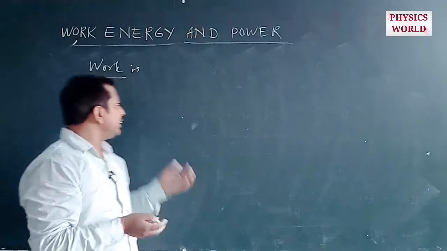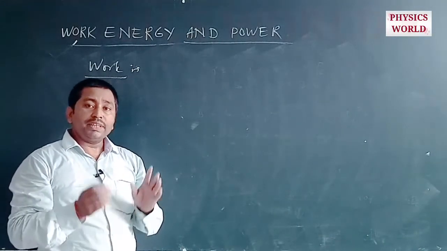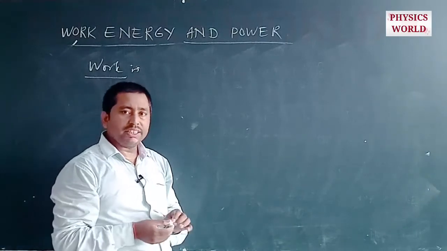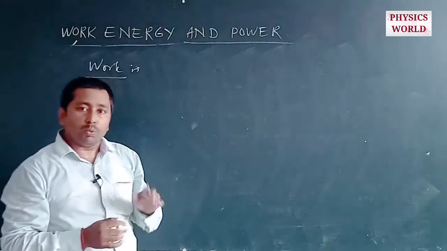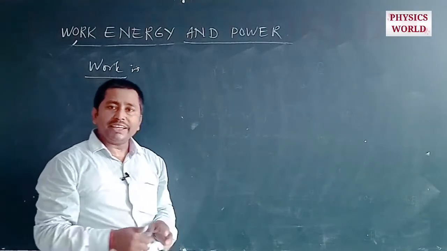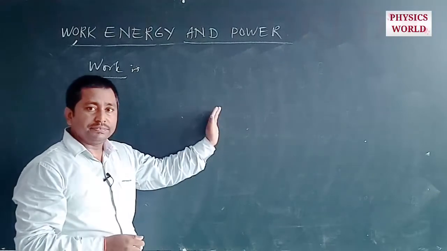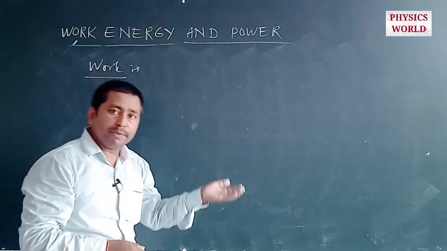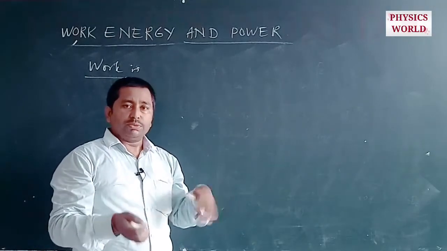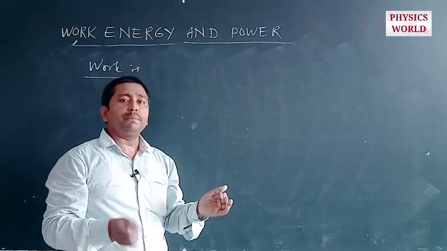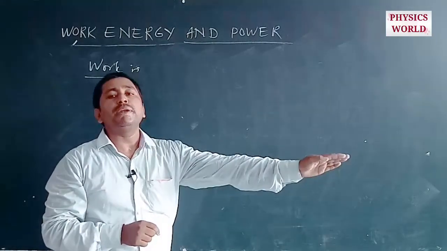Or it can also be defined in other words like this: if there is a force acting on any object, then there is a displacement produced in that object, then the work done on that object can be defined as the displacement produced in that object multiplied by the force acting on that object along the displacement.